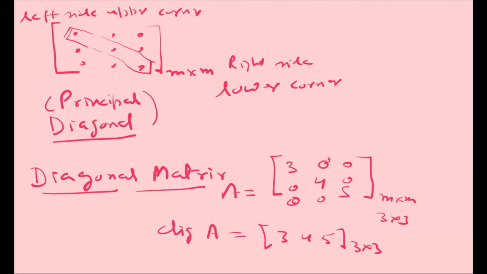A diagonal matrix is when the members of the diagonal are present but the value of the other members will be 0. So if A11, A22, A33 have some value but the others have value 0, then it will be a square matrix and it is a diagonal matrix.